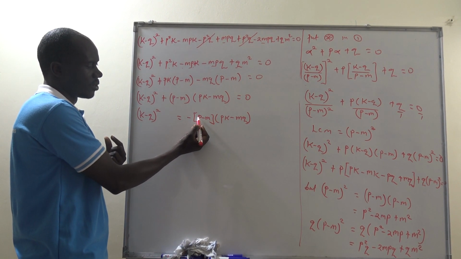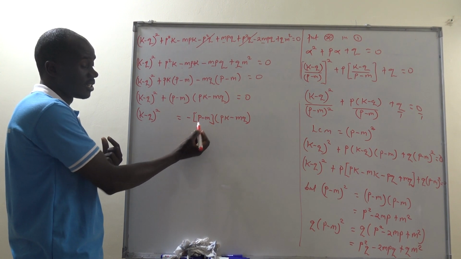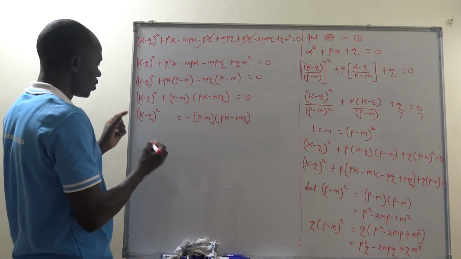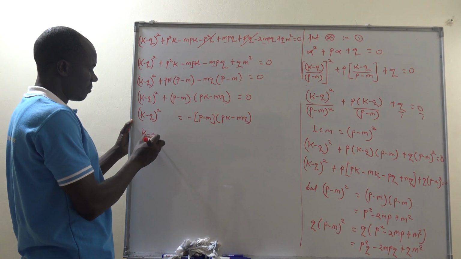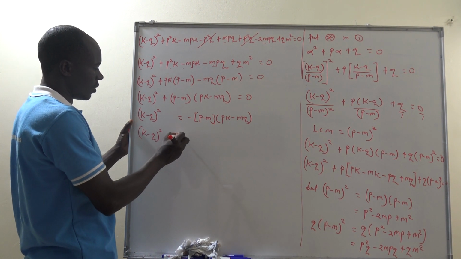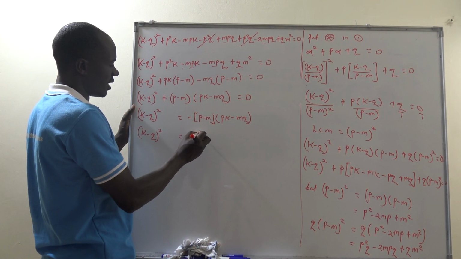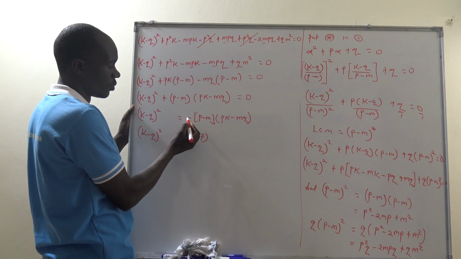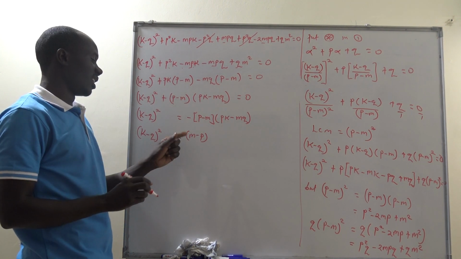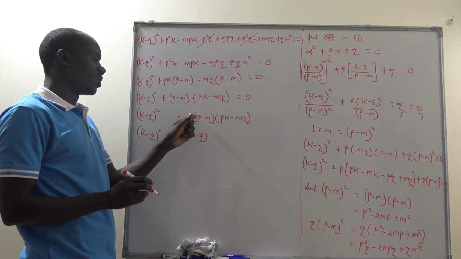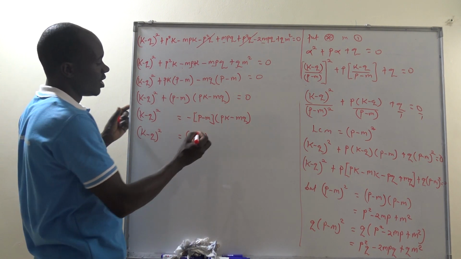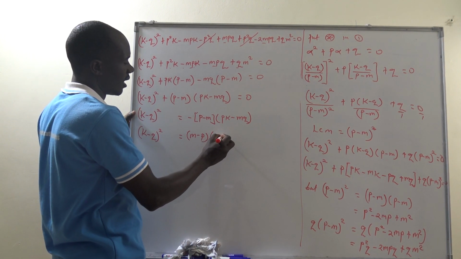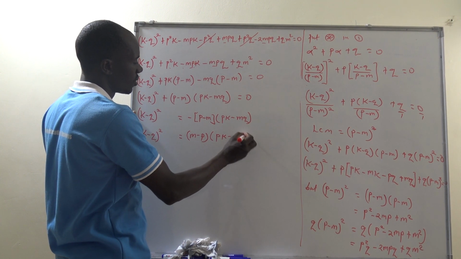A negative times a positive comes a negative. A negative times a negative, we come out with a positive. So this is the same as (k − q) squared equals (m − p), because when you insert the negative, this one becomes positive and this one becomes negative, into (pk − mq).